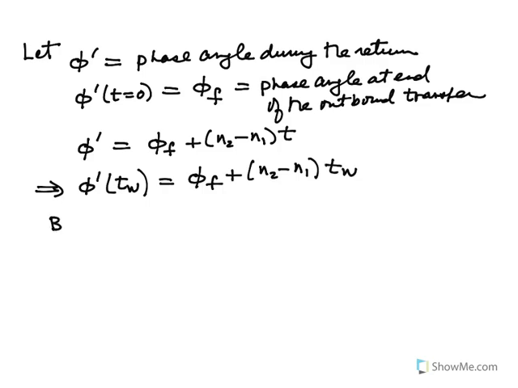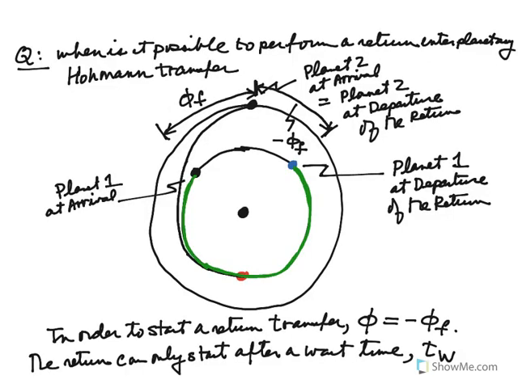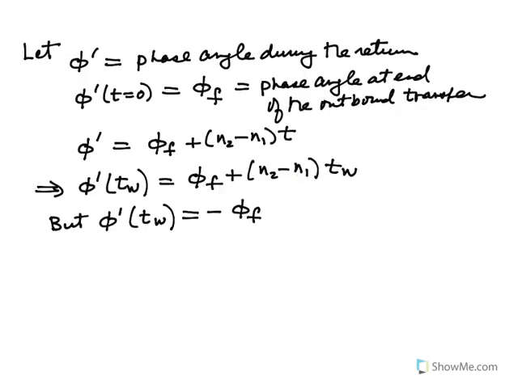But phi prime at t sub w has to equal minus phi f, and that's because that's what I have in this diagram right here. That's the configuration that has to be true to start the return, right?